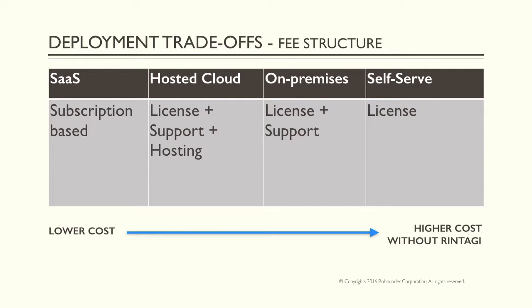When it comes to self-serve, support is in-house and hardware is provided by the customer, therefore only license fee is relevant. SaaS is usually lower cost than self-service because of the economy of scale, but we believe our automated development platform, Rintargi, has leveled the playing field, making self-serve very affordable.